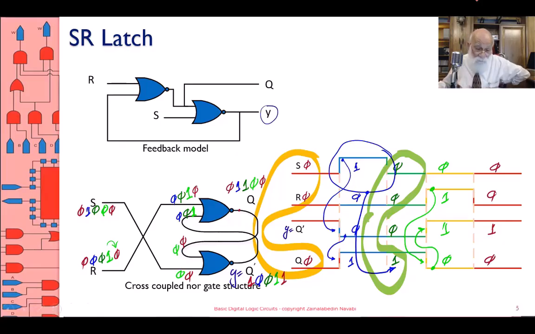If the last positive pulse was on R, the output is 0.